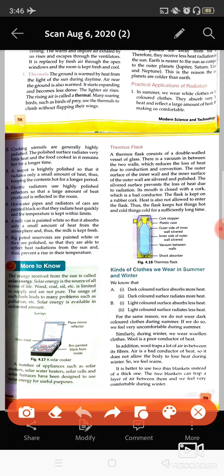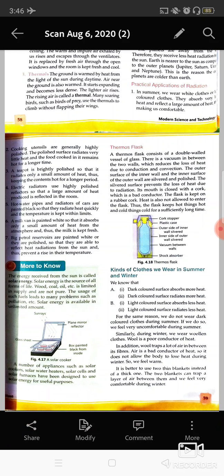Its inner walls are highly polished, so that the loss of heat due to radiation is also prevented. And the mouth of the thermos flask is covered with a tight cork, so that no heat can come out of the vessel. This is the reason that whatever you put in a thermos flask, whether cool or hot, will remain as it is.